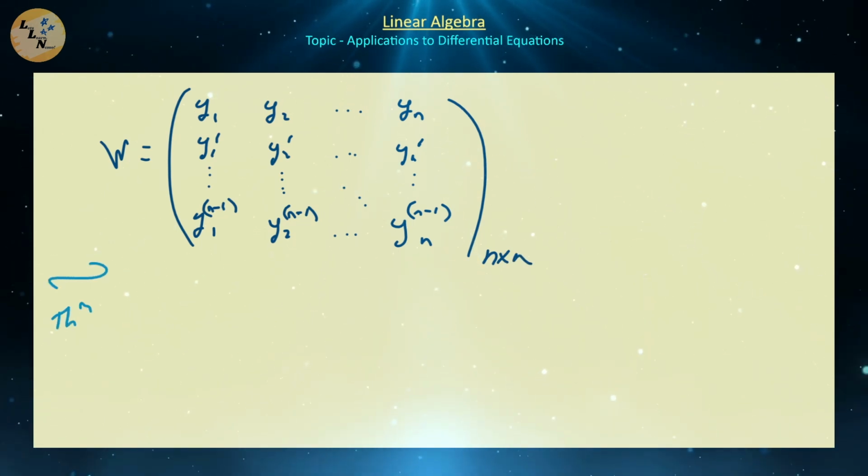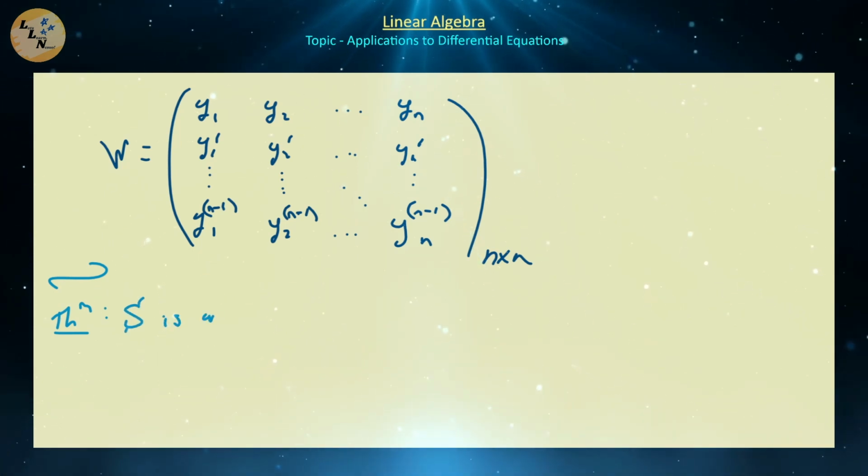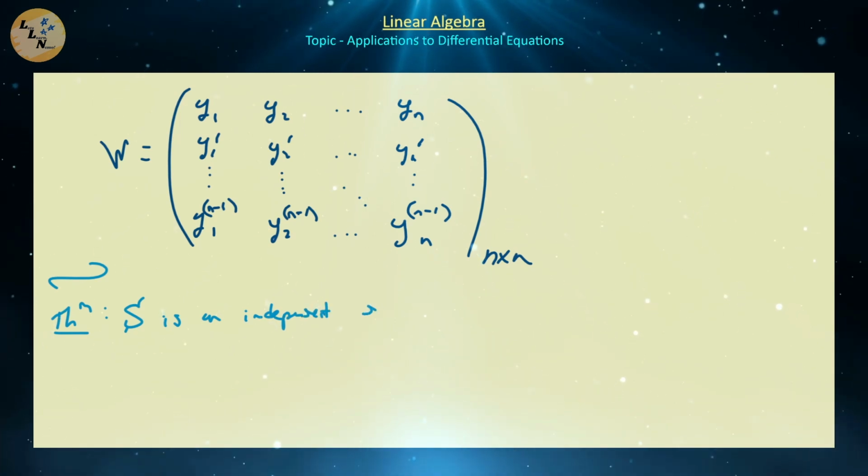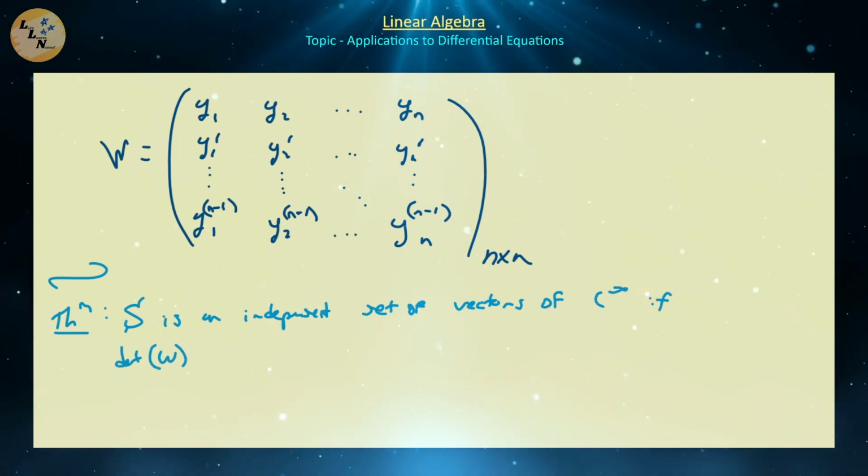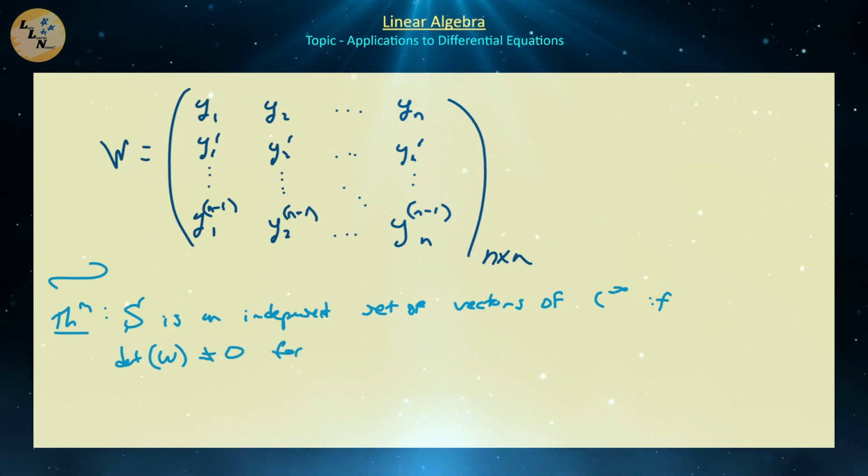With this Wronskian, we can have the following theorem. S is an independent set of vectors, or functions of C infinity, if the determinant of the Wronskian does not equal 0 for all x, either in R or on the domain of interest over which you're solving differential equations.